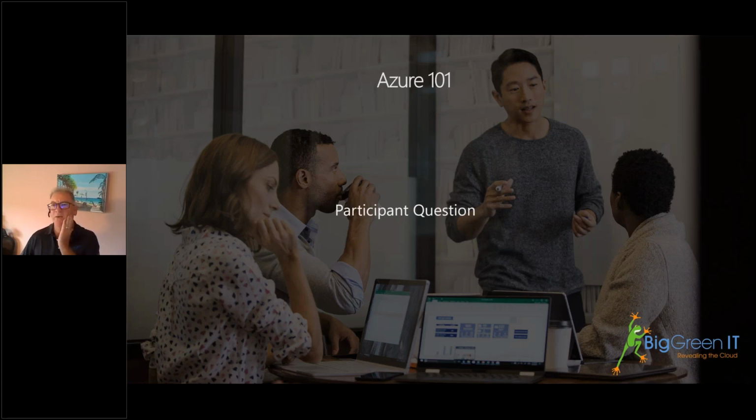Yeah, Matt, thanks for asking that question. So Active Directory authentication is natively supported in Azure. And as I replied to Matt, a common way to synchronize an on-premise Active Directory environment to Azure is to run a free tool from Microsoft called Azure Active Directory Connect. And that then synchronizes your on-premise Active Directory environment with the Azure Active Directory world. In addition, you can run Active Directory domain controllers in Azure.